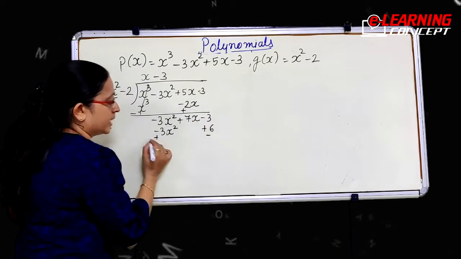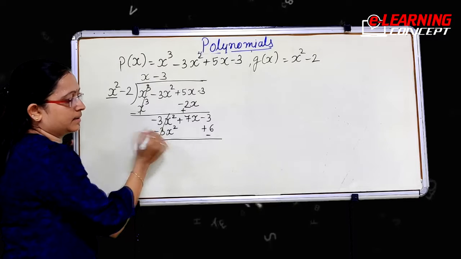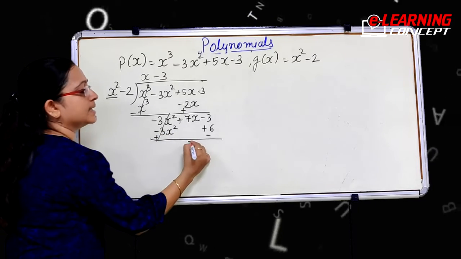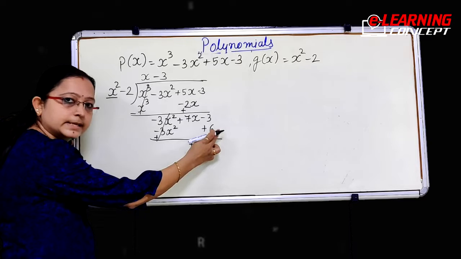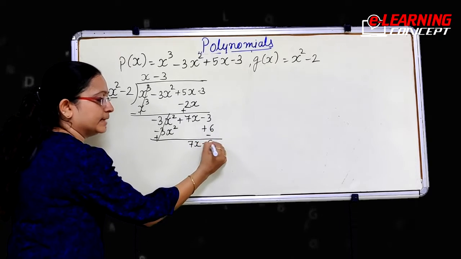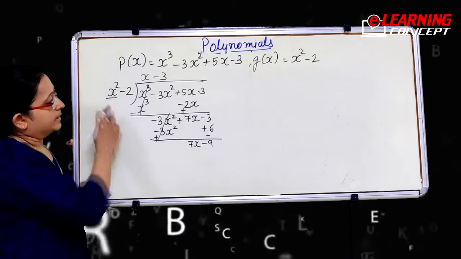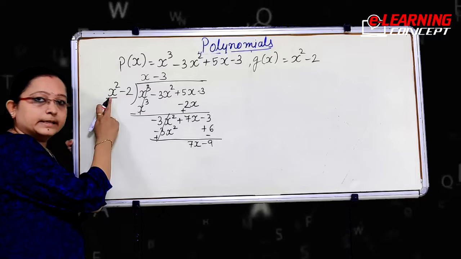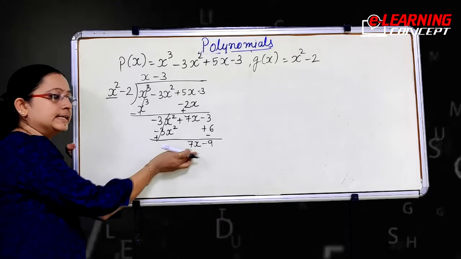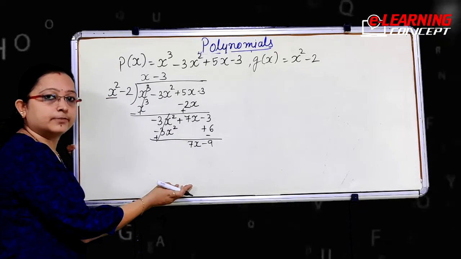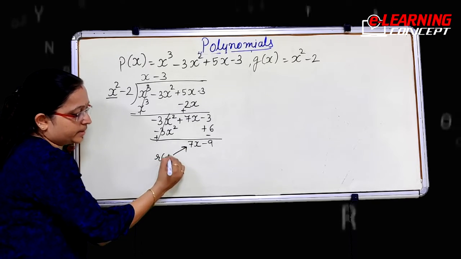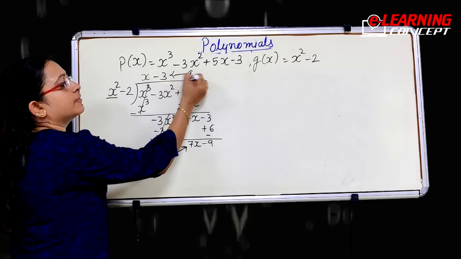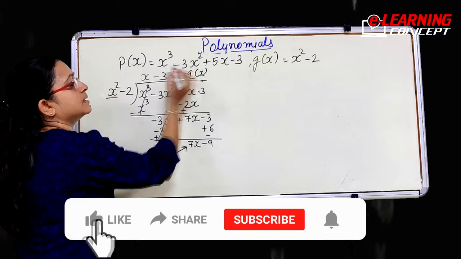Changing the sign to get subtraction, this cancels, this one as it is will come down. Minus 3 minus 6, that would be addition, minus 9. Now as the divisor has degree 2 and here we got a linear term, we cannot divide further. So this is r of x, the remainder, and we got q of x, x minus 3.